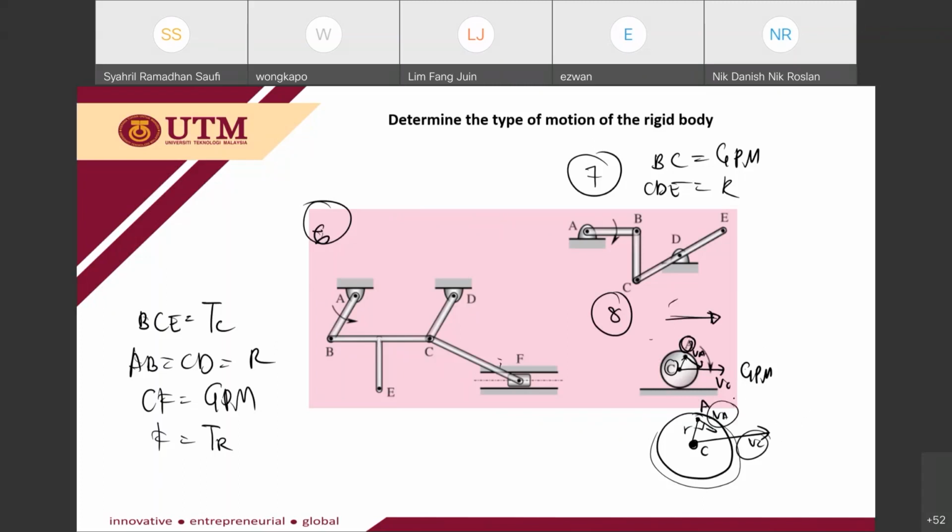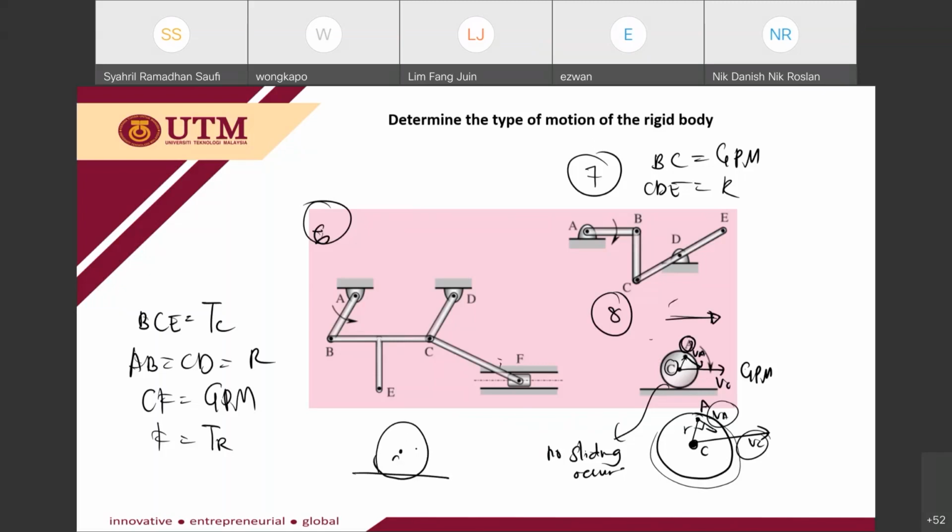Okay, this case only happens when no sliding occurs, which means your roller can rotate on the surface. If this roller is sliding, it means that it's not rotating.